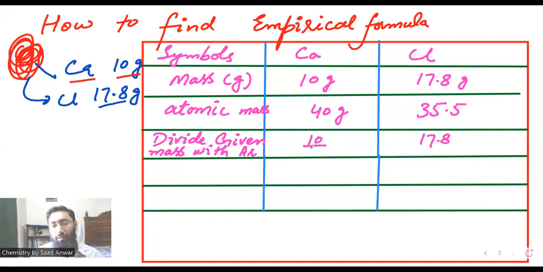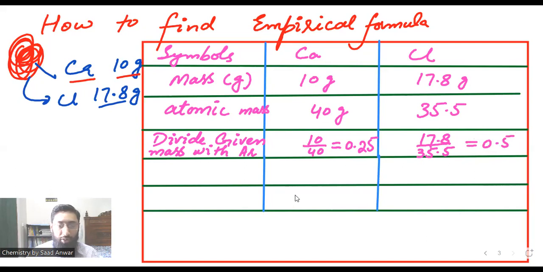Divide 10 gram by 40 gram, and divide 17.8 gram by 35.5 gram. Now you need the calculator. When you divide 10 by 40, the answer you will get is 0.25. And when you divide 17.8 by 35.5, the answer you will get is 0.5.